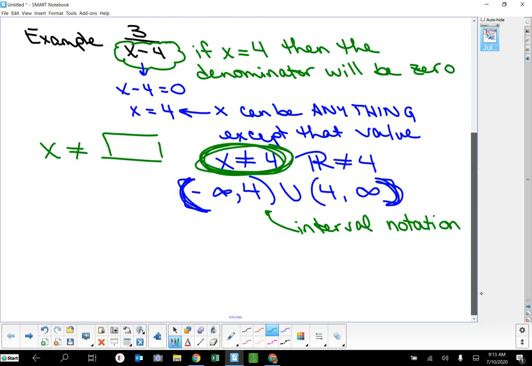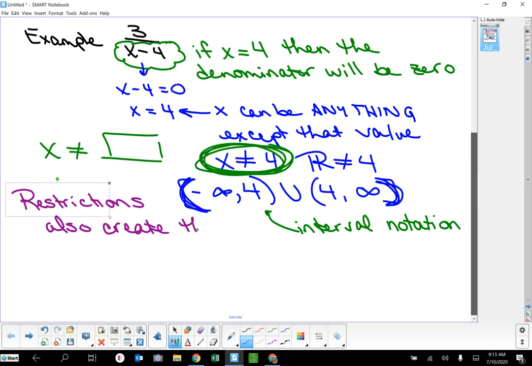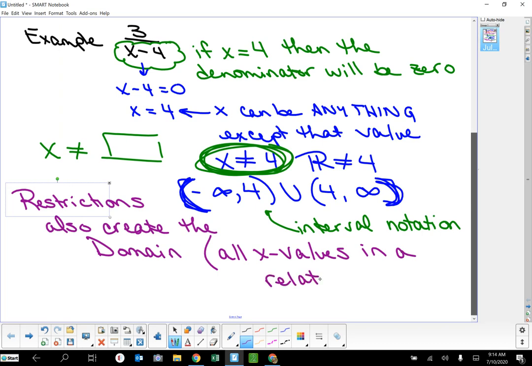Now, that constraint is also called the domain. So the restrictions also create your domain, which you may remember the domain represents all x values in a function. Well, in a relation, we'll put.